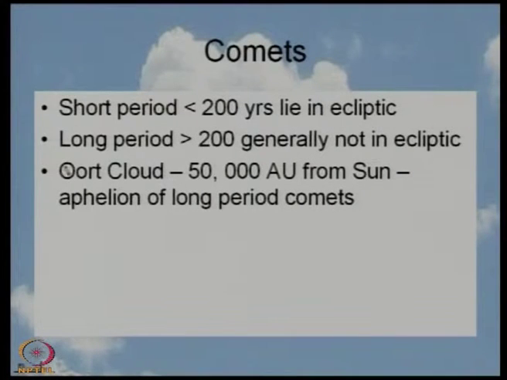One of the very interesting theories was proposed by the famous Dutch astronomer Oort. What he proposed, in the later half of the 20th century, was a model for the long period comets.